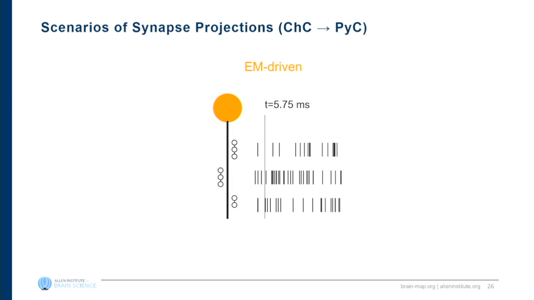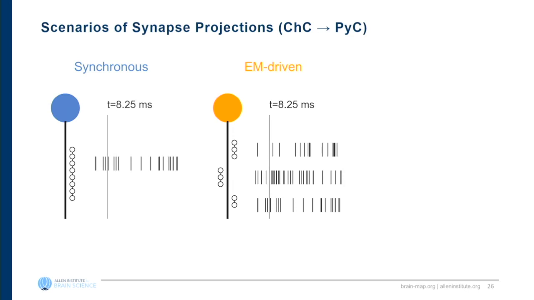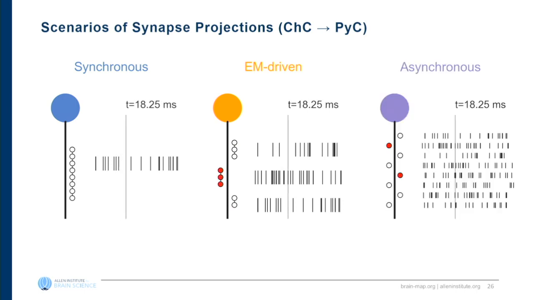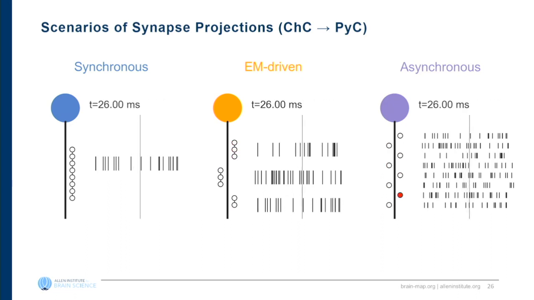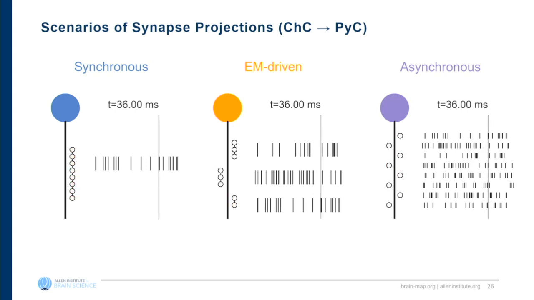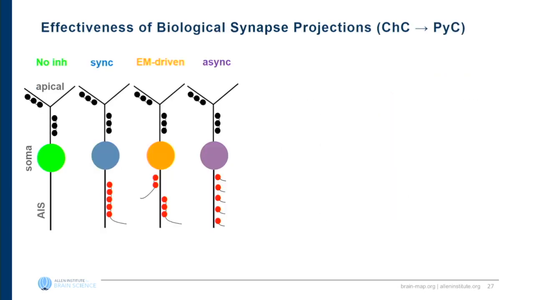And we compared this particular configuration with 2 other configurations, namely synchronous, where the same 8 synapses come from one particular presynaptic chandelier terminal, and asynchronous, where the 8 synapses come from 8 different presynaptic chandelier terminals. And here I'm showing in the movie how the presynaptic chandelier spike trains are inhibiting the pyramidal cell dynamically.